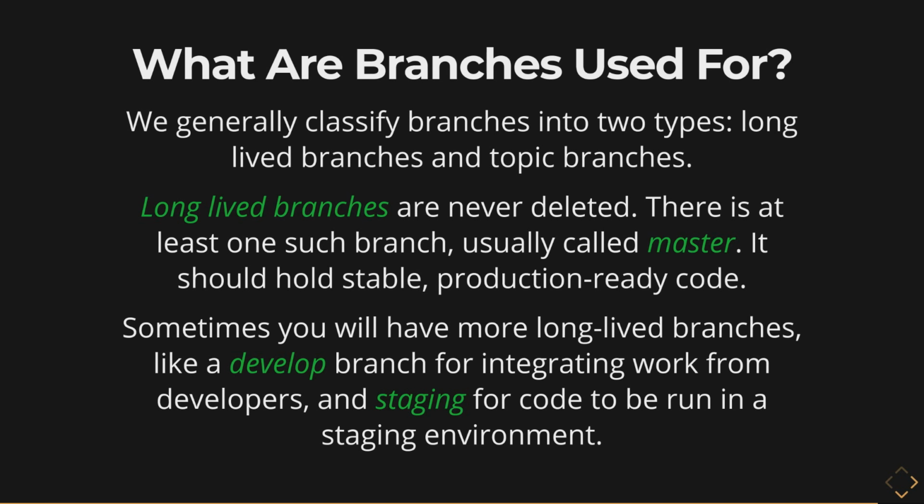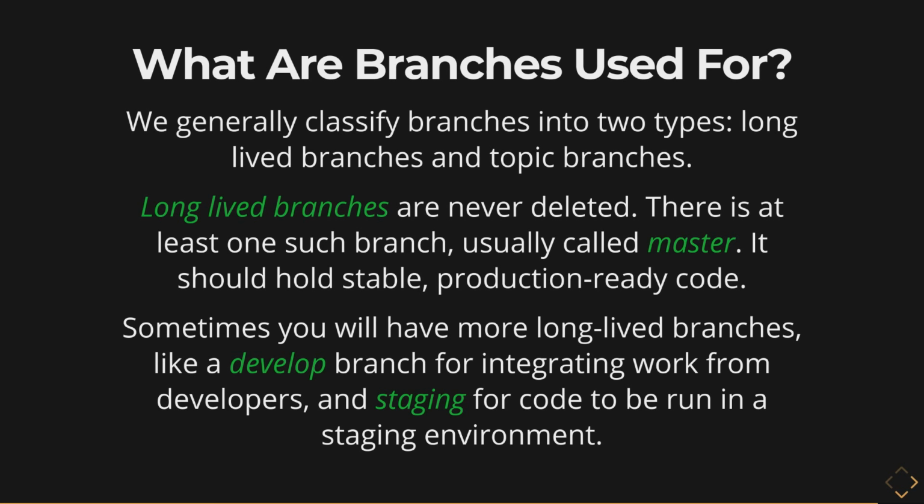So whatever is on the master branch should be code that is ready to be shipped to your users or put into production. Sometimes you might have more than one long-lived branch. Sometimes you might have a develop branch, which will hold the latest development edition of your code. It should be semi-stable.